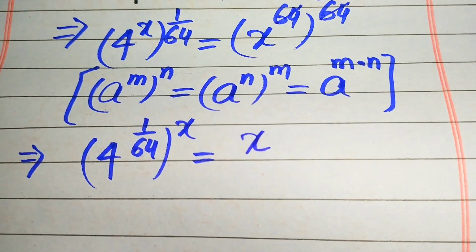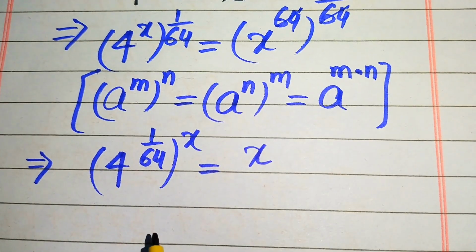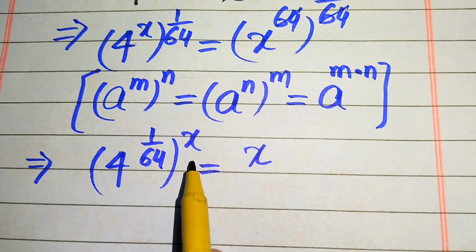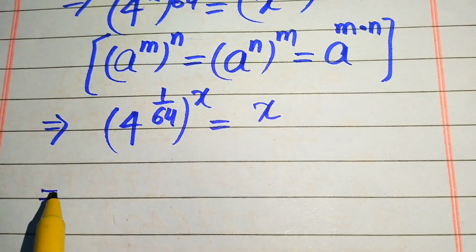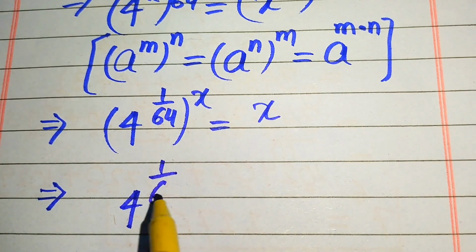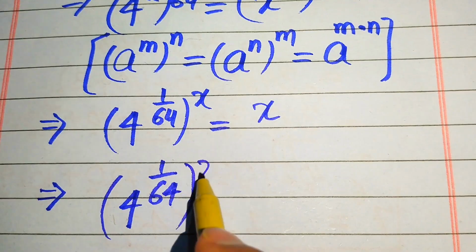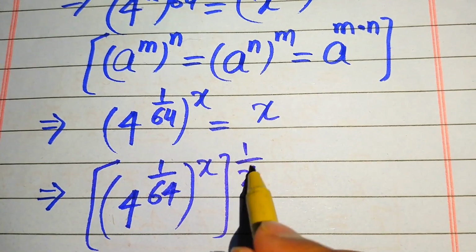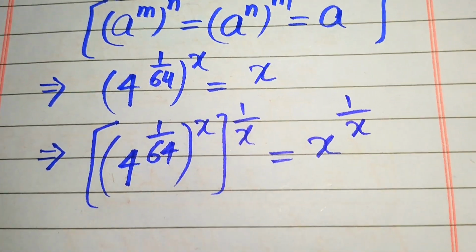So in the next step, you see that we moved the constant term to the left hand side, and now in the same pattern we move our variable term x from the left hand side to the right hand side. For this we again take the x root, or 1 over x power, on both sides. So this is written as 4 to the power of 1 over 64, its exponent x, and whole exponent 1 over x, is equal to x to the power of 1 over x.